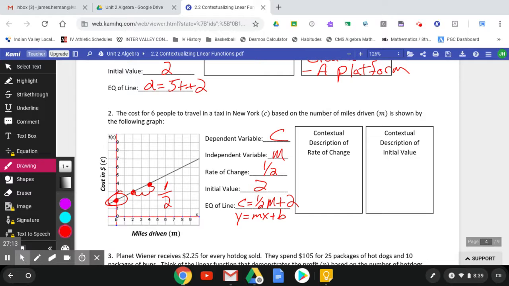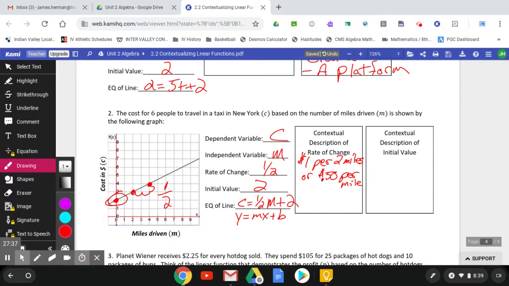Now I write this a couple ways. I say it is $1 per 2 miles, right? Or it is 50 cents per mile. Is that the thing?